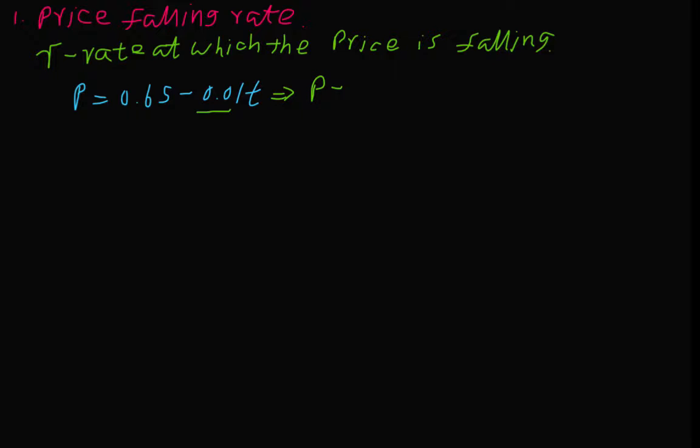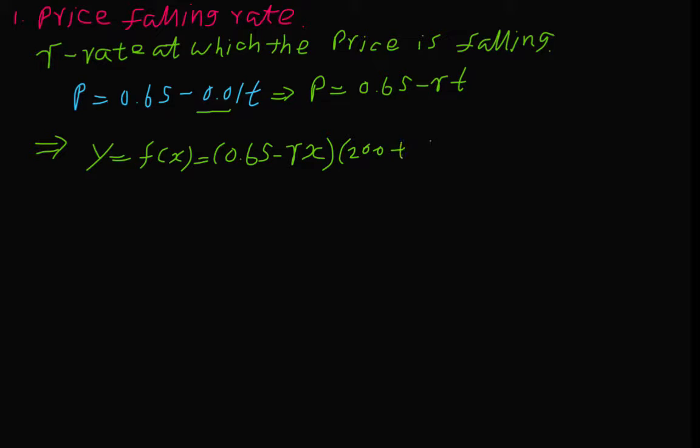Therefore, you can now write P equals 0.65 minus rt. Then you can modify the equation y equals f(x), the previous equation: (0.65 minus rx) times (200 plus 5x) minus 0.45x. So now you have an equation with two variables, r and x.